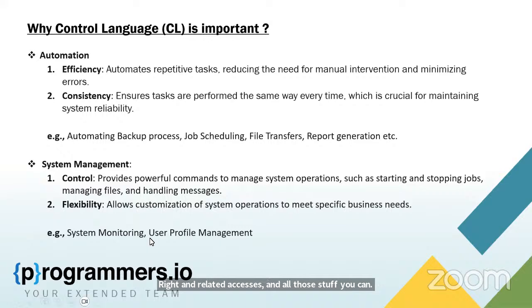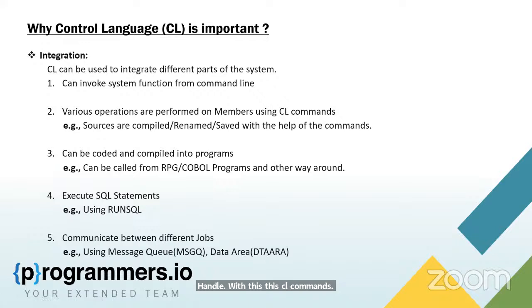And coming to the next point, why CL is important, is integration. This is one of the important points why we use CL in AS400. It can be used to integrate different parts of the system. We can invoke system functions from the command line, and various operations are performed on members using CL commands.